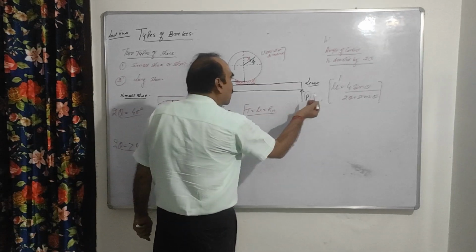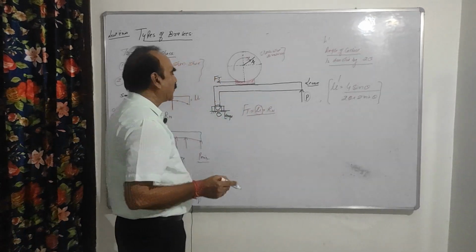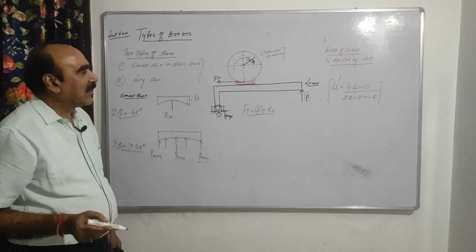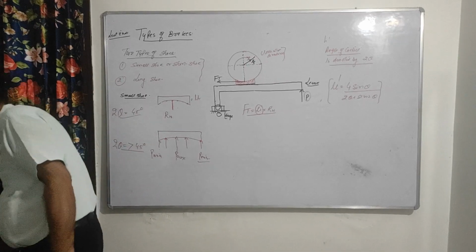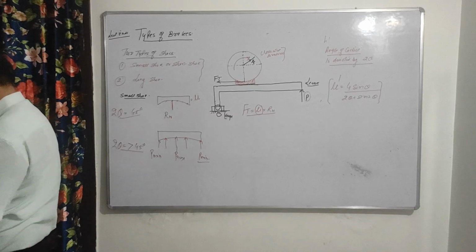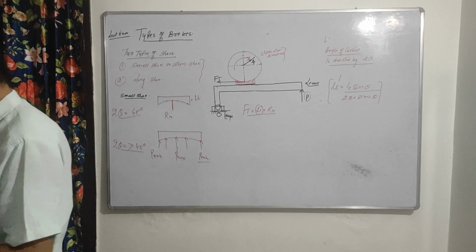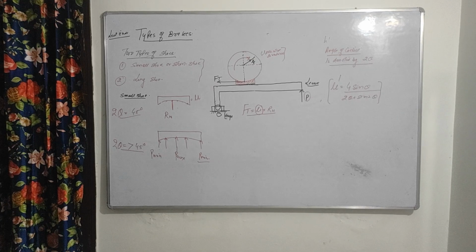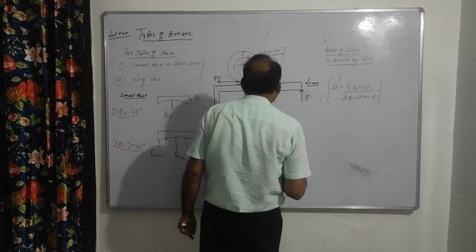So in case of long shoe, you replace mu with mu dash, and the value of mu dash is equal to 4 sin theta over 2 theta plus sin 2 theta.